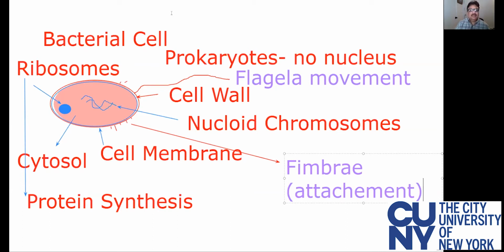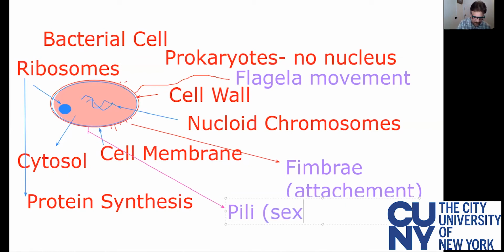The third appendage that bacteria have is called pili. And this helps in sexual reproduction.